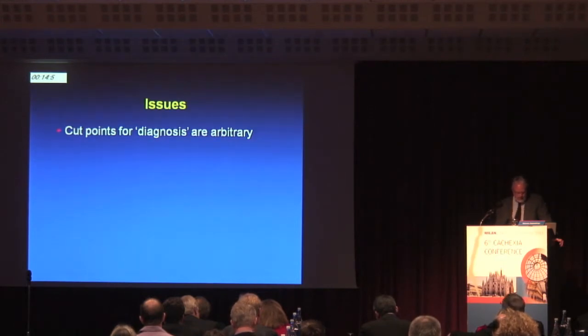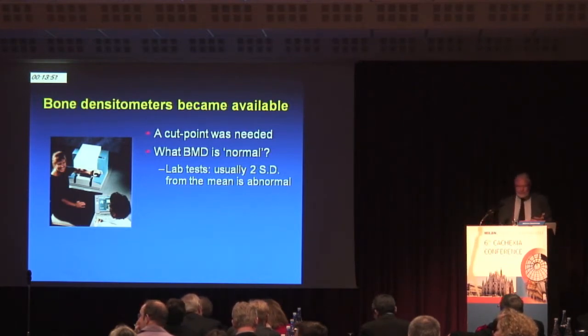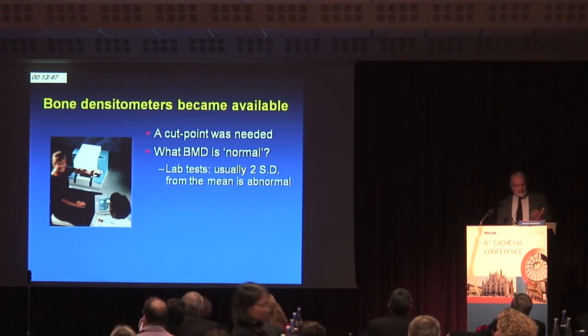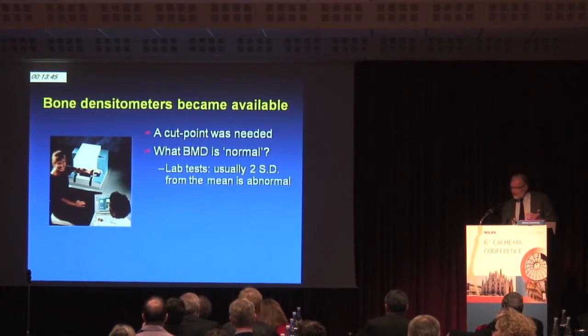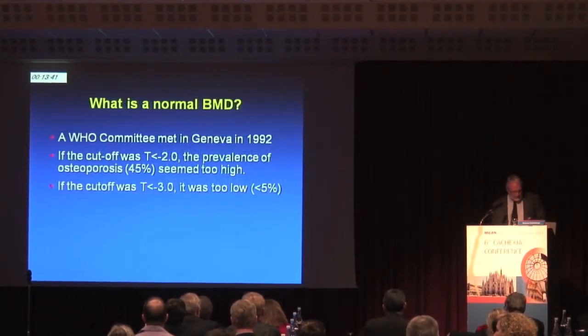So let's talk about the first one from the point of view of the history of osteoporosis. Back in the early 1990s, bone densitometers became widely available, and the people who were making the measurements had a problem. What was normal? We were getting numbers that we didn't know. Endocrinologists like to use 2 standard deviations from a mean value to define normal, and so that was done initially.